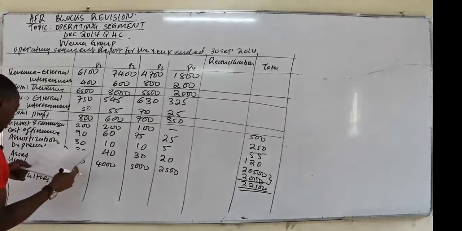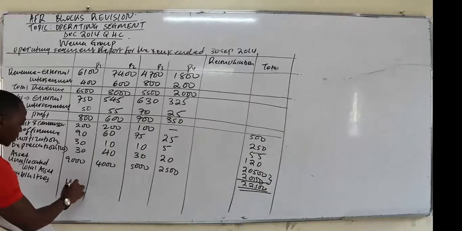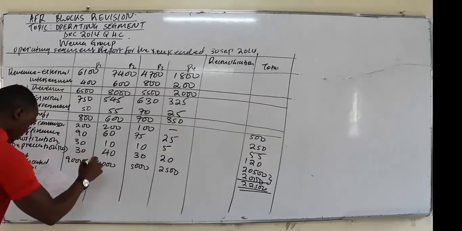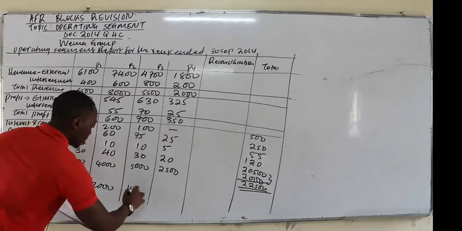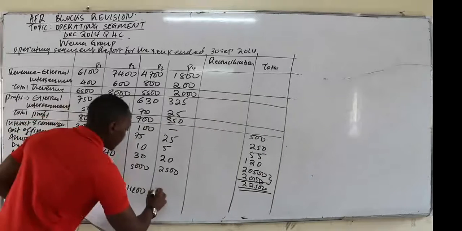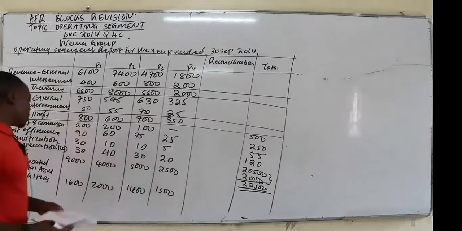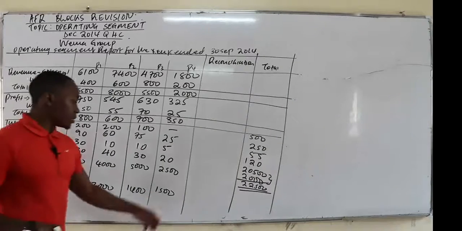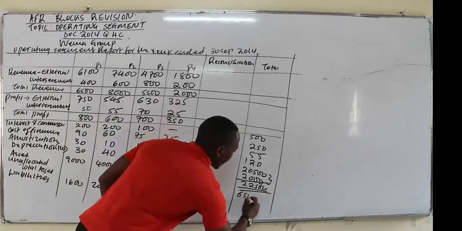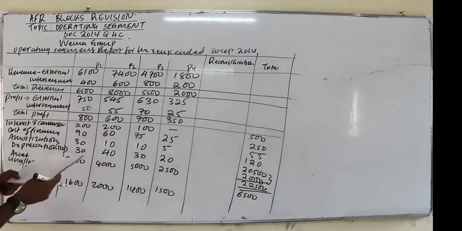For liabilities, we have 1,600. We have 2,000. We have 14. We have 15. So add the total. That's 3, 4, 5, 65. Then we also had the unallocated.